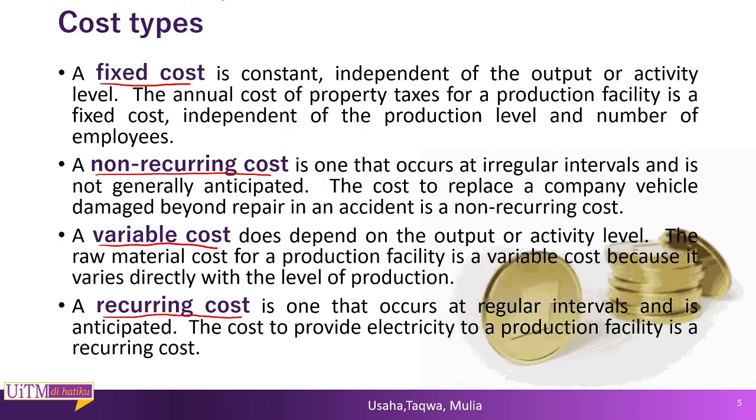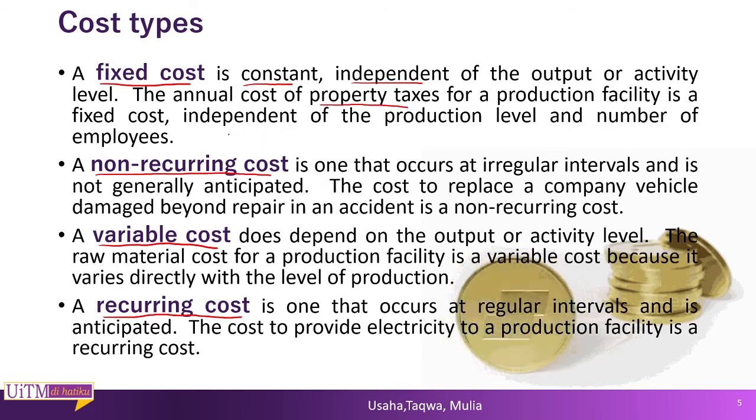When we talk about fixed costs, it is a constant independent of the output or activity level. The annual cost of property tax for a production facility is a fixed cost.